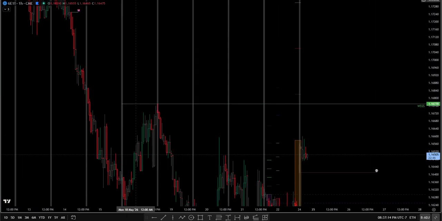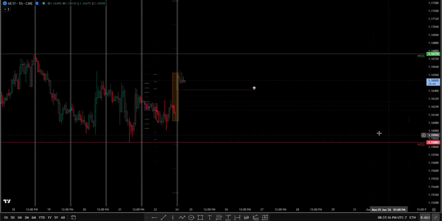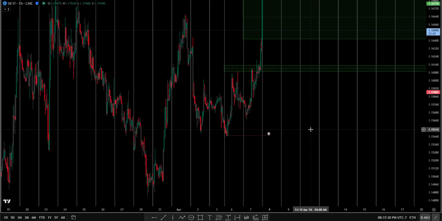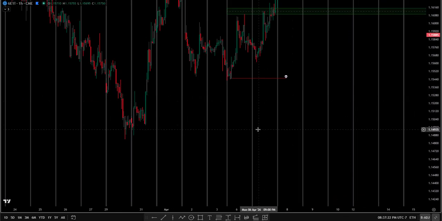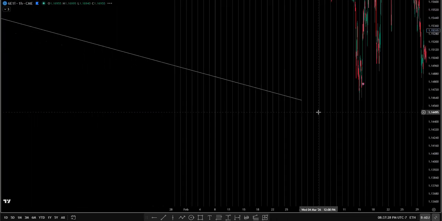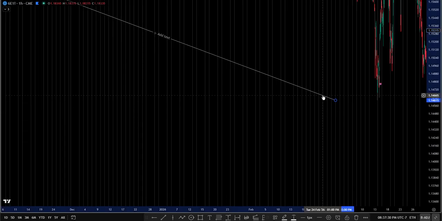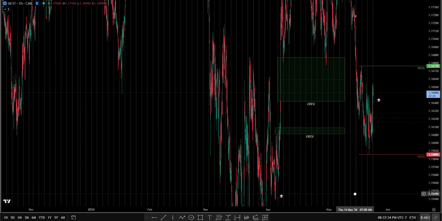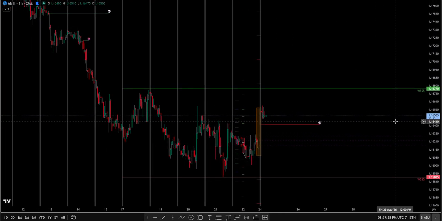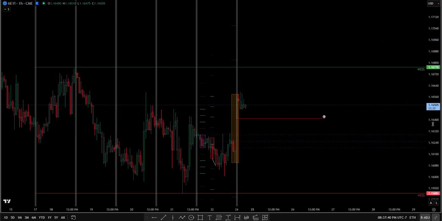No, I think our only option is gonna be that we go lower. No, that was a big SMT right here. So pretty much we have to just track price and see how low it's gonna go.